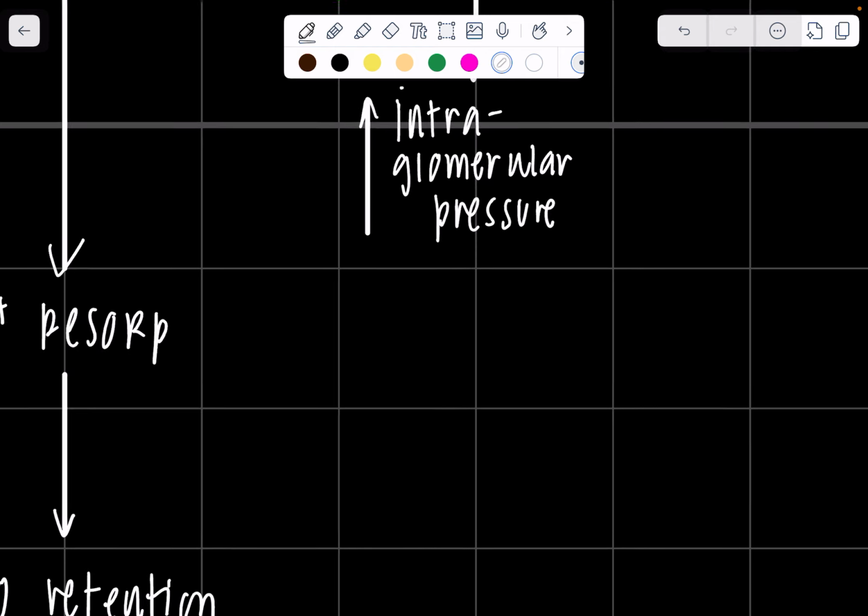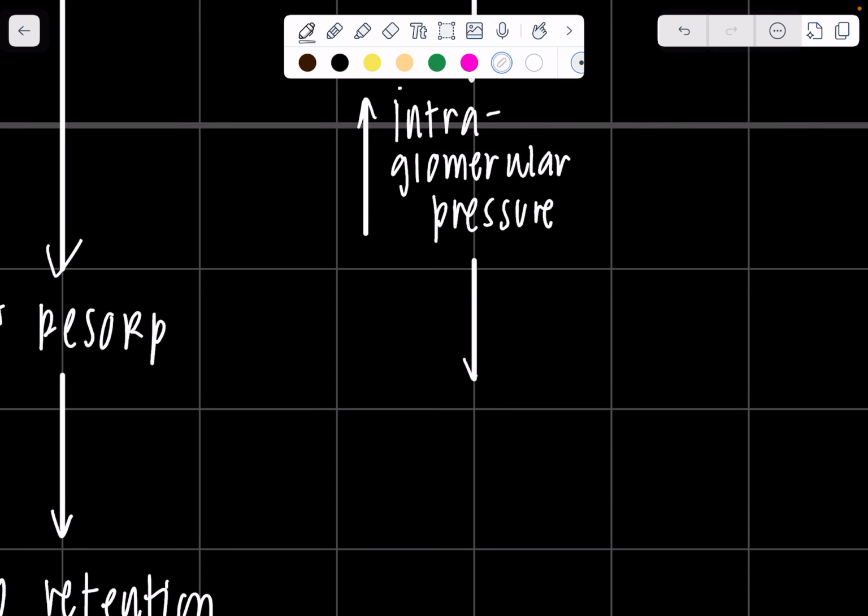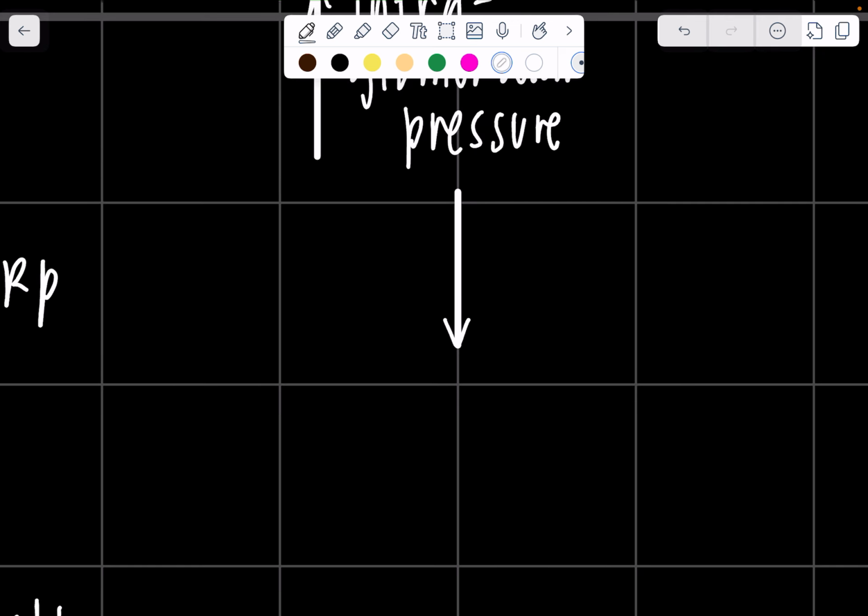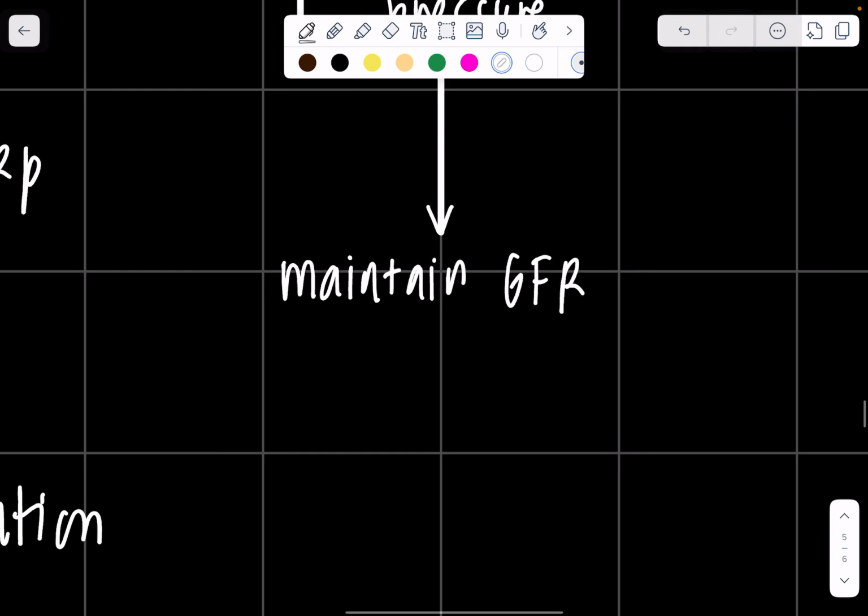So that increased pressure is what will allow it to maintain a steady level of filtration, even though we're having a drop in overall blood pressure, okay? So a simple way to put it would be the raise of the intraglomerular pressure, if I can say that word, will allow for a maintained GFR.